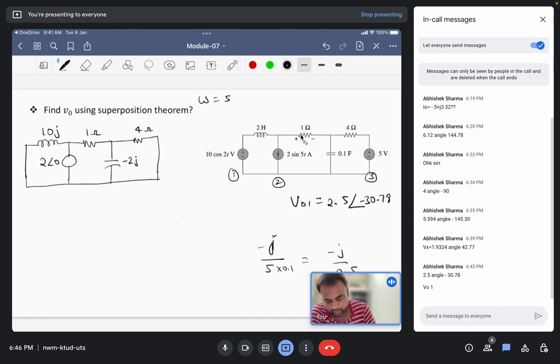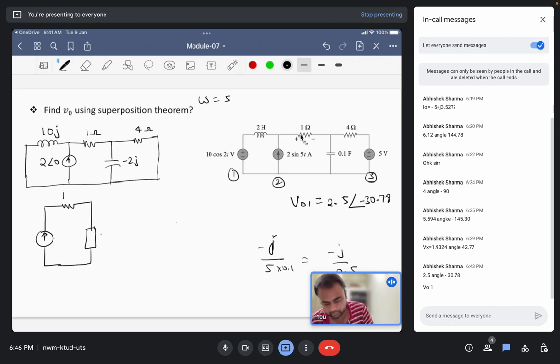And this is a current source. So let us again take the equivalent circuit. The simplified equivalent circuit will look like this. So we'll have a 1 ohm resistor, and these two are in parallel, so we take the parallel combination of the 4 ohm and minus 2j.